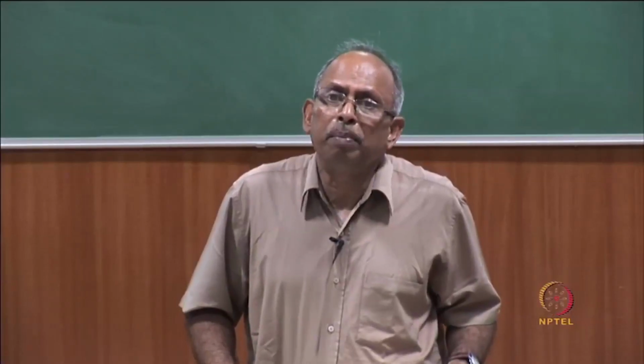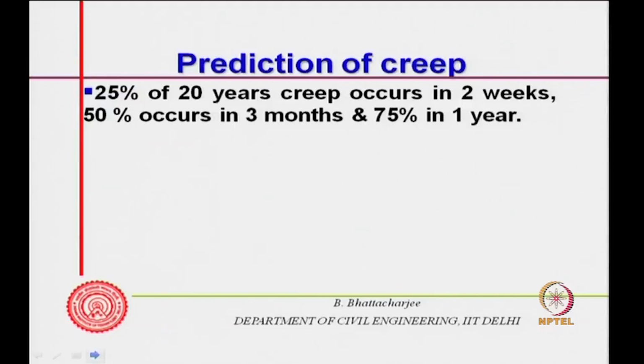Roughly 25% of 20 years creep occurs in 2 weeks. As we have seen creep behavior, it is elastic strain, and then from this it follows like this. So, initial rate is pretty high.